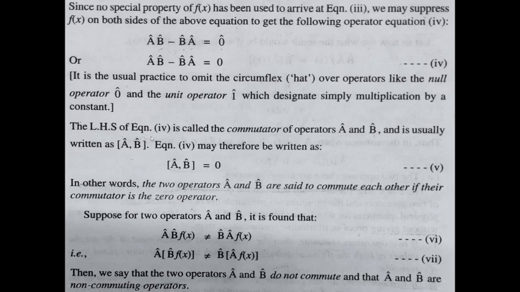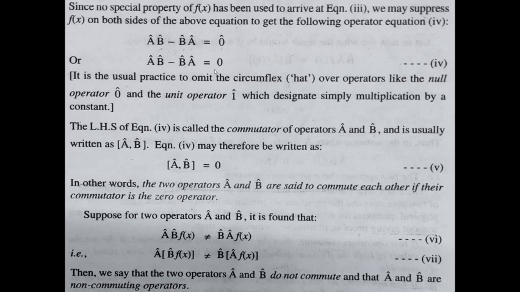So now the LHS of equation 4 is called the commutator of the operators A and B. So now [A, B], [B, A]. When we take this term to the right-hand side, A B equal to B A. A operator B operator equal to B operator A operator.